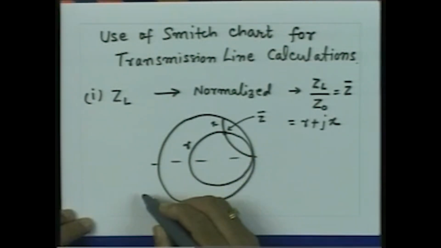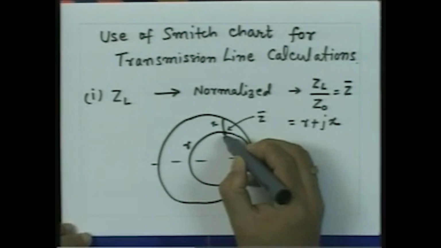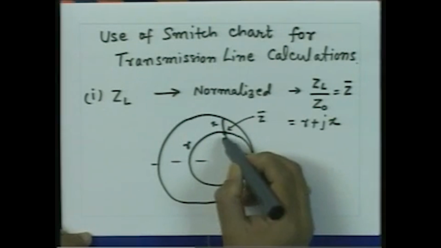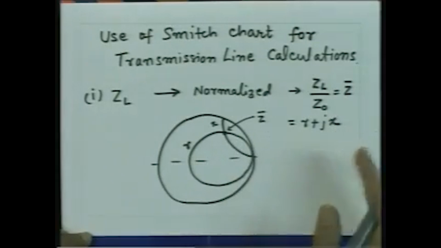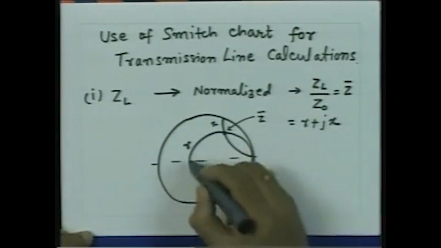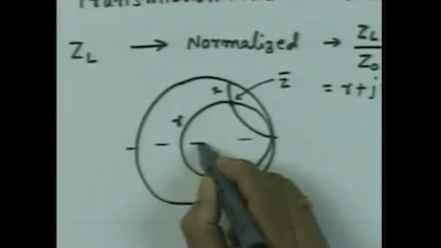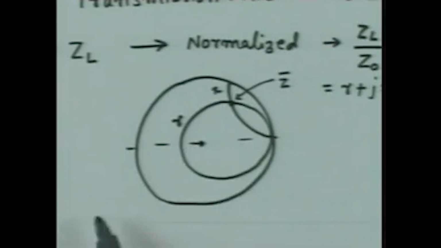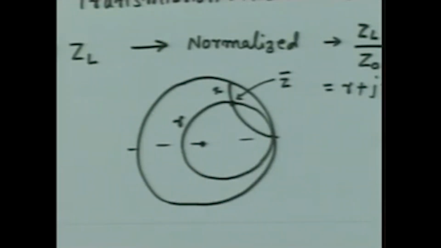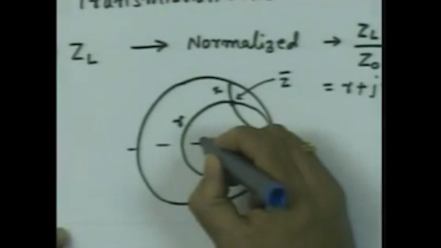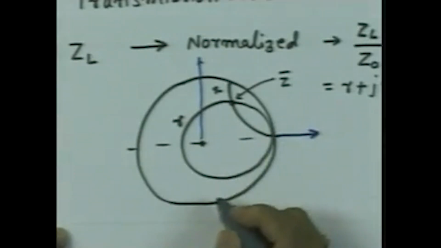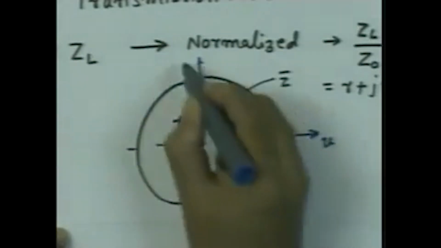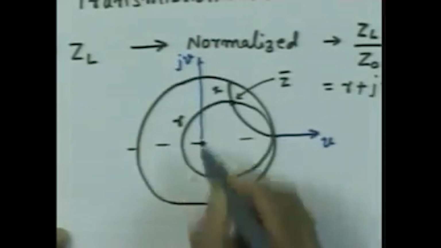Once this point is marked on the Smith chart, the calculation of the reflection coefficient is very straightforward, because now the point has been marked on the complex gamma plane. If I read off this value on the complex gamma plane, that directly gives you the complex reflection coefficient. If I measure the distance from the center of the Smith chart, this is my origin, and let me draw the complex gamma axis which is not drawn on the Smith chart. So, this is my u axis, this is my jv axis, and this is the origin.